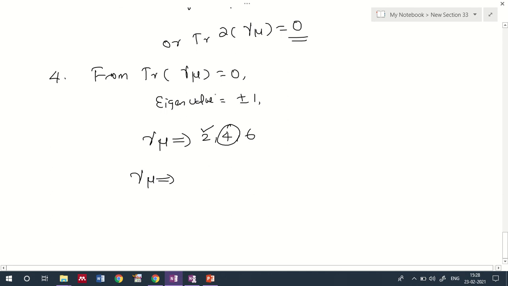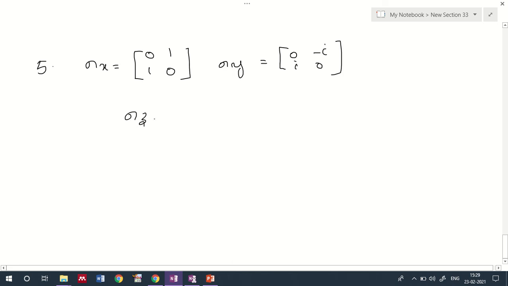Later we are able to confirm this, and gamma 4 will be equal to beta, which is a diagonal matrix. So for beta we will have only a diagonal matrix. With that we are able to get the matrix corresponding to each one.